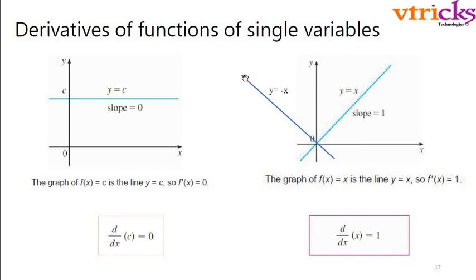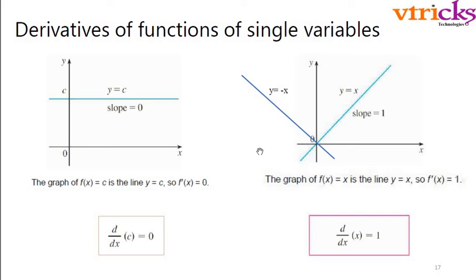Now likewise, if we take the line y is equal to minus x, observe here, when we change x from minus 1 to minus 2, delta x is minus 1.